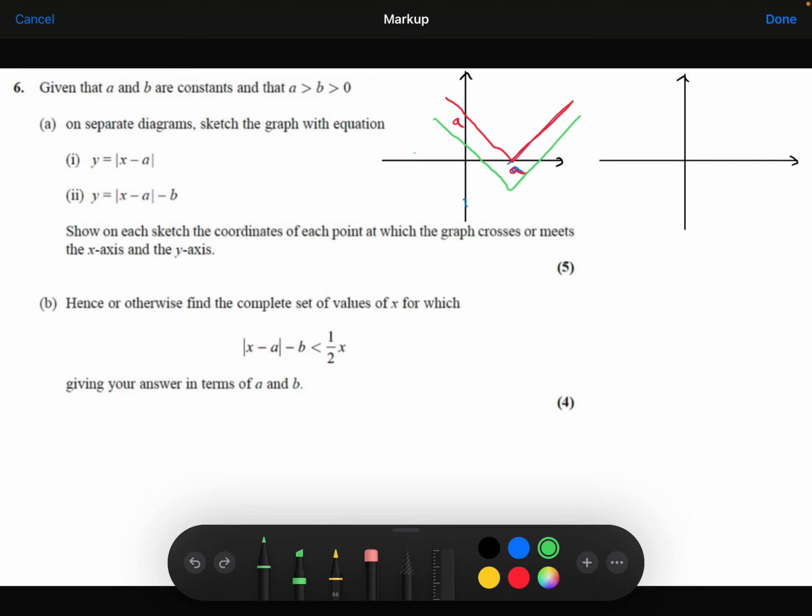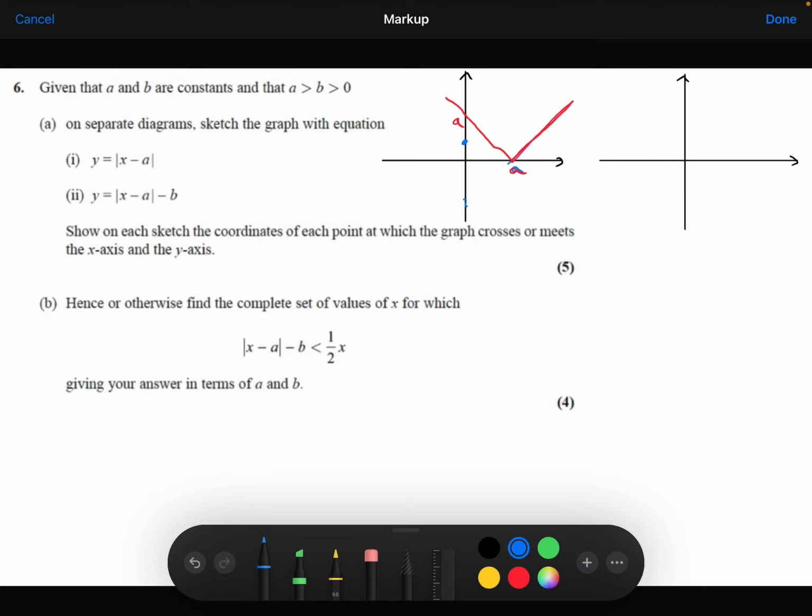So basically, is b bigger than a? In which case, if b was bigger than a, it would go below the x-axis. But it's not. We know that b is less than a, so therefore we know that it is not going to go beneath the x-axis. It's just going to go a little bit further down.